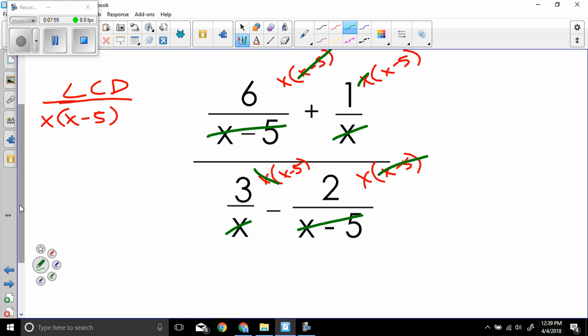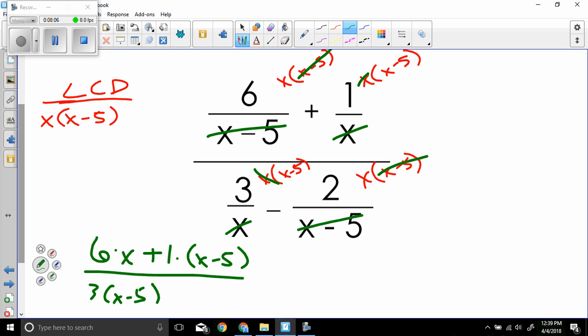On the top, it looks like I got 6 times x plus 1 times x minus 5. Then on the bottom, it looks like I have 3 times x minus 5 minus, this is plus a negative 2 times x.